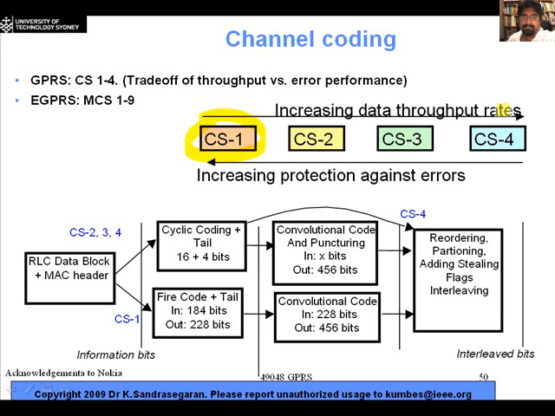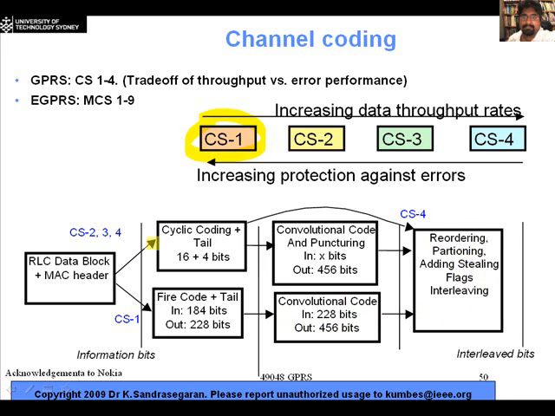So this diagram here, again, I'm not expecting you to remember this diagram, but it essentially shows you that for CS1, you basically take your data from the RLC and MAC layers, put this parity coding with some tail, then send it through convolutional coding, and as a result of that, you're going to come up with this 456 bits that we talked about earlier, and this 456 bits is then put into the various bursts associated with the radio block.